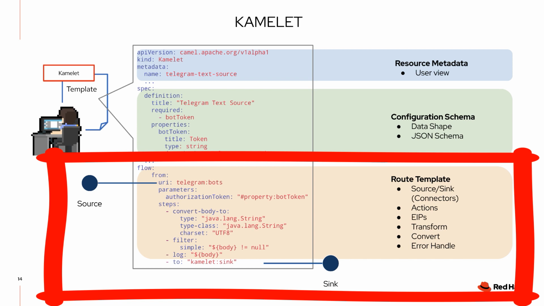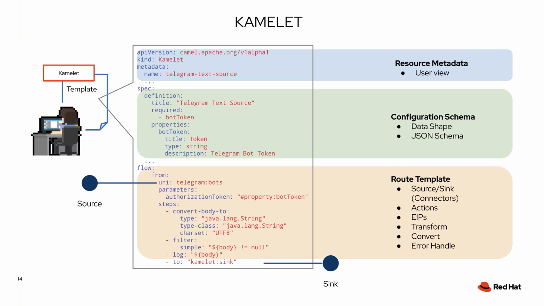It has a from, so where it's getting its data from, and here I'm using Telegram, and all the authentication, the tokens, the credentials were given to me by the variables defined on the top, where I need to get that from the users. So a person using the Kamelet will need to provide all this to me, and the destination will be whatever was set in my Kamelet binding, right? So very simple, and this is what the integration users need to do. But as a Kafka user, you don't really need to understand that.